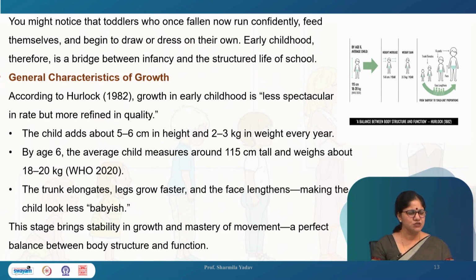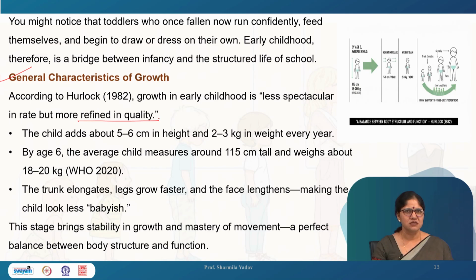Let's see certain general characteristics of physical growth during this phase. According to Hurlock, 1982, growth in early childhood is less spectacular in rate but more refined in quality. The child adds about 5 to 6 centimeters in height and 2 to 3 kg in weight every year.